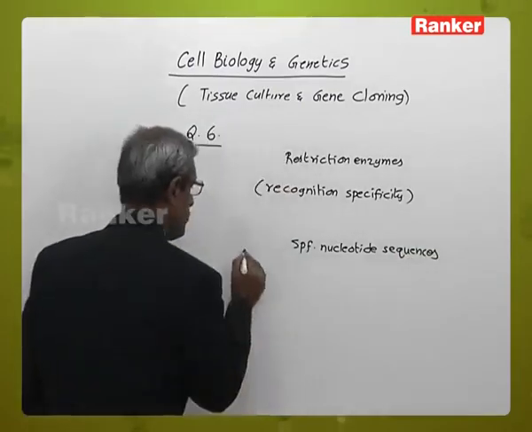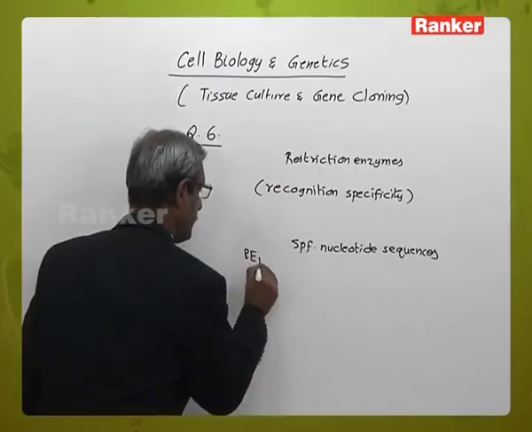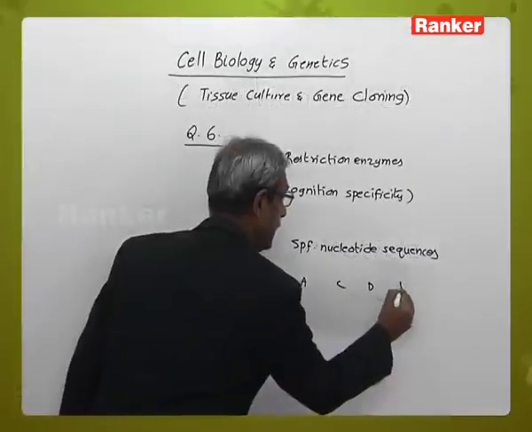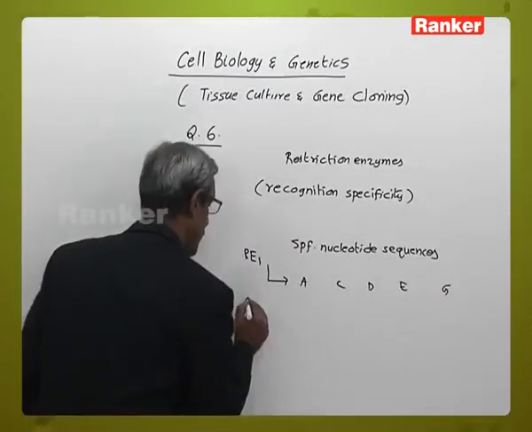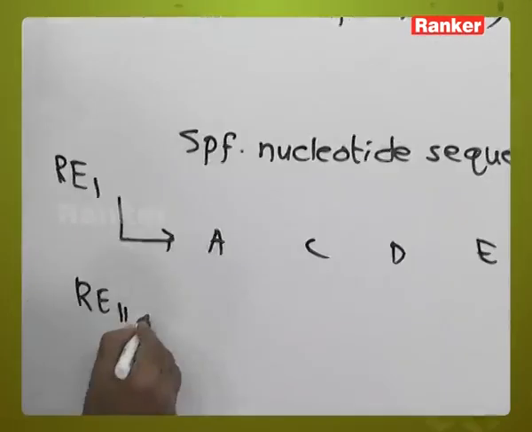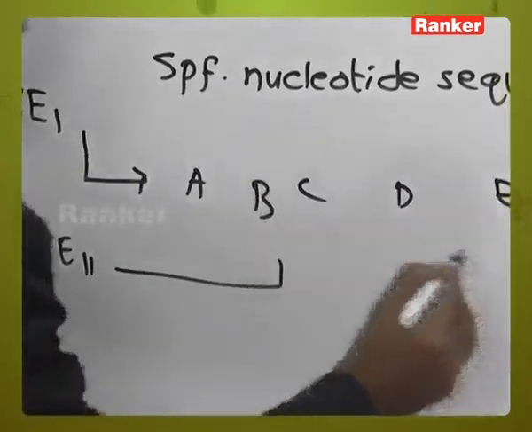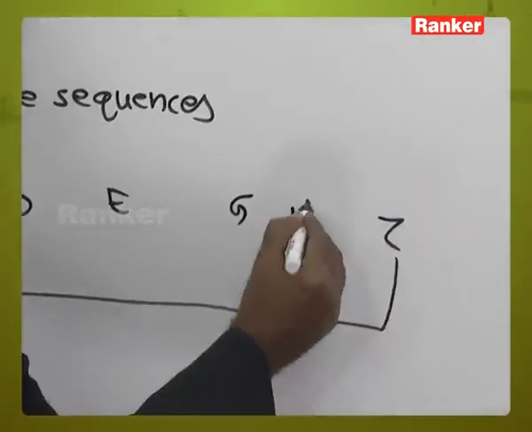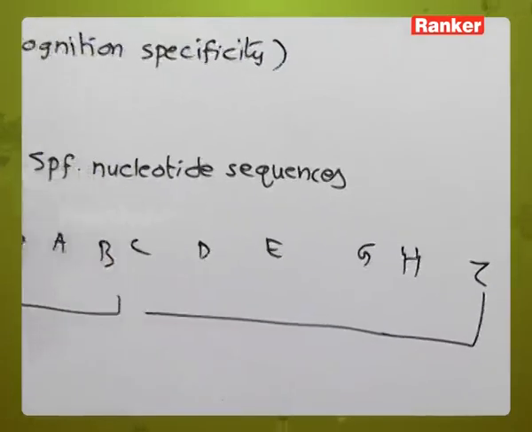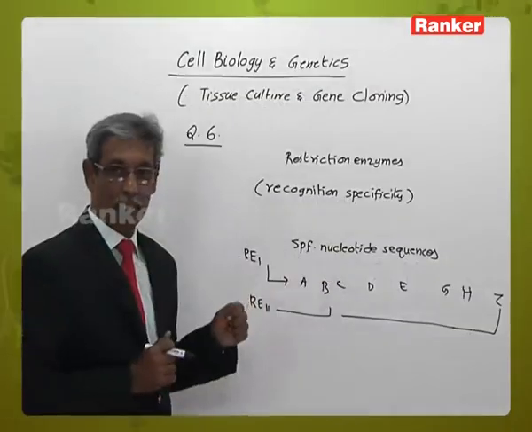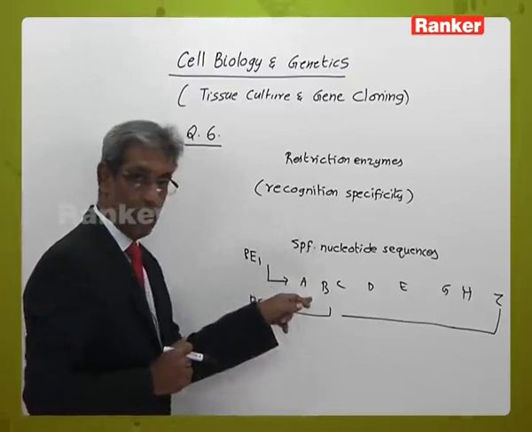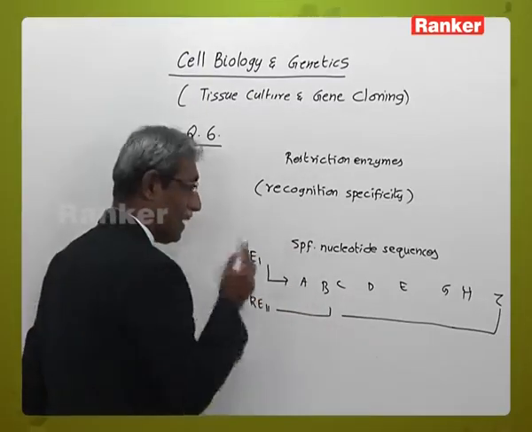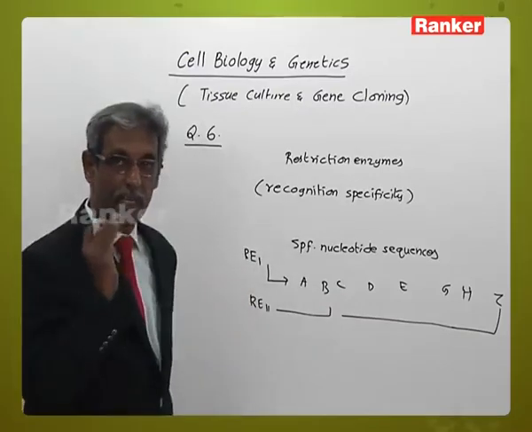Like if you take restriction enzyme 1, it will identify A, C, D, E and G. If you take restriction enzyme 2, it will identify B, then it may identify H, then it will identify Z. So, they recognize specific sequences, and these specific sequences which are identified, these are the places where the enzyme is going to cut the DNA sequence.